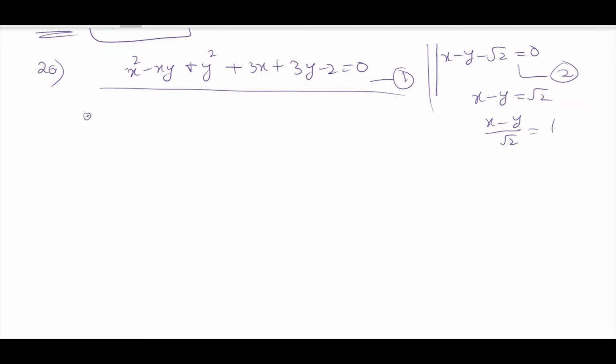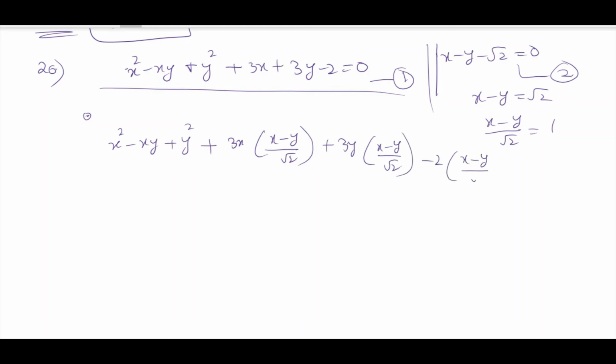So homogenizing equation 1, I get x square minus xy plus y square plus 3x into (x minus y) by root 2 plus 3y into (x minus y) by root 2 minus 2 into ((x minus y) by root 2) whole square equals 0.